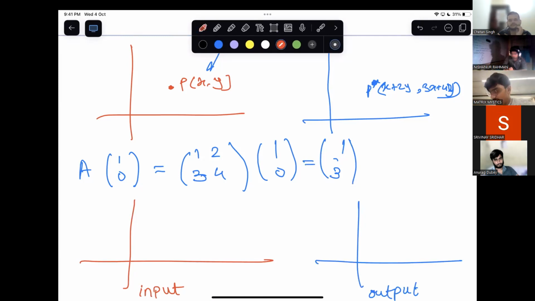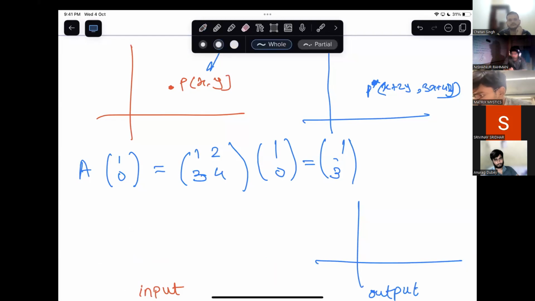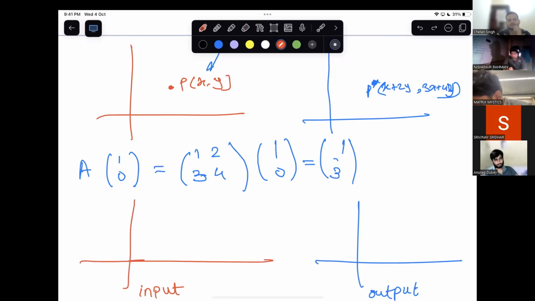This matrix A takes input I cap and gives us an output 1 comma 3, that is this vector.